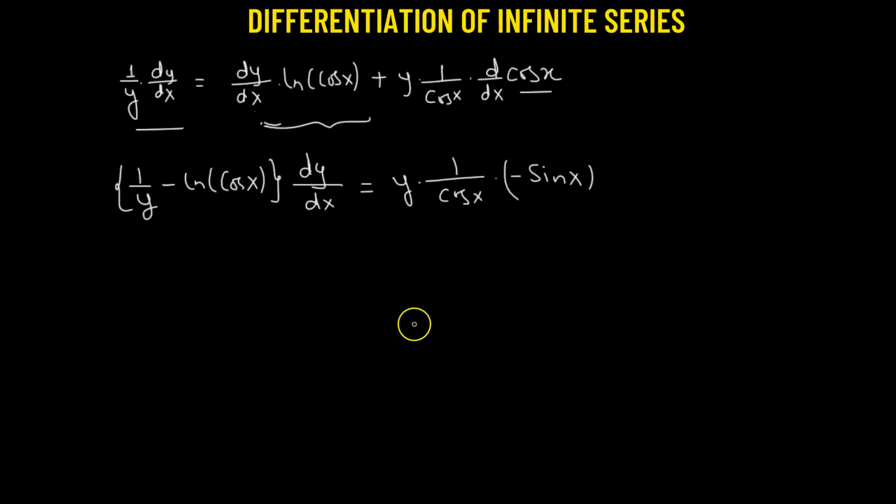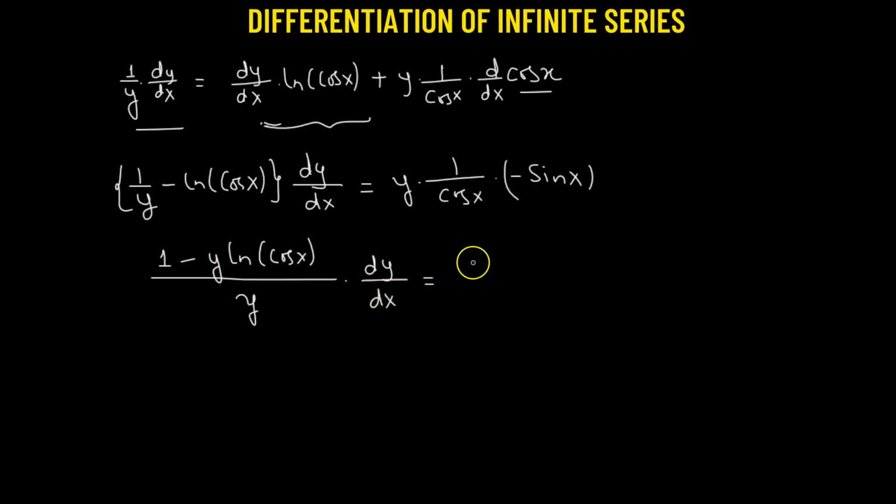Fine. Now we'll combine these two terms within the parentheses. So we get 1 minus y times log of cosine of x, all divided by y, multiplied by the derivative of y with respect to x, equals y times sine over cosine, and this ratio is the tangent function, tangent of x, and we also have a negative sign here.